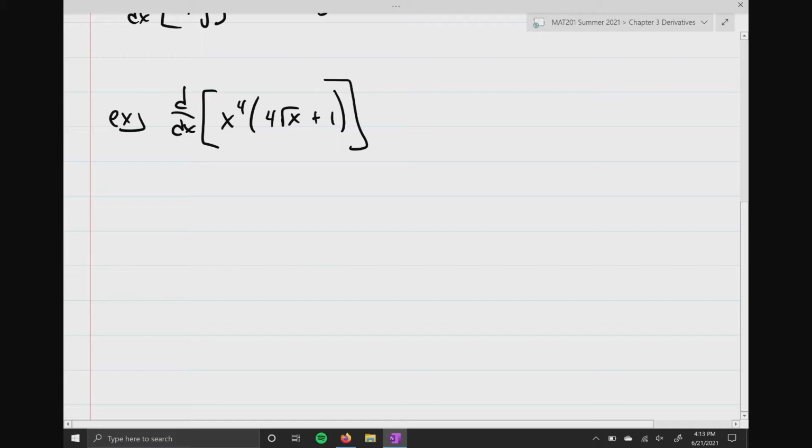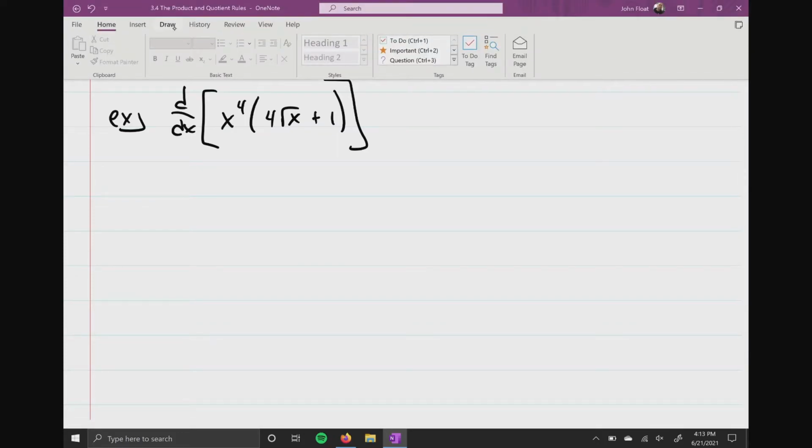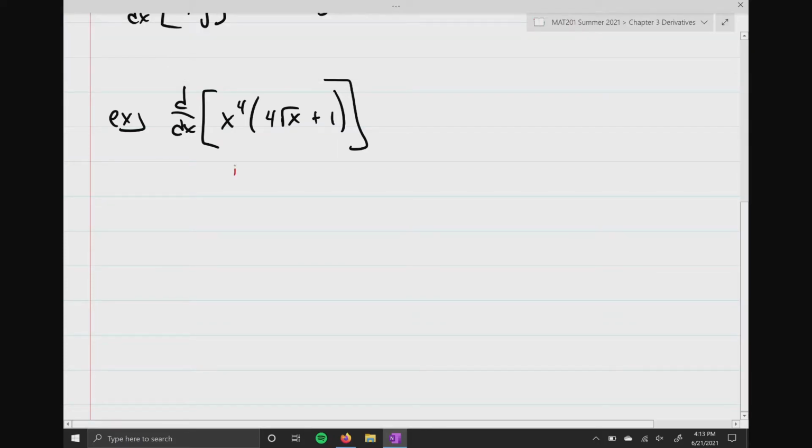So in this example here, we have two different functions of x. We have x to the fourth, and then we have 4 times the square root of x plus 1. So I'm going to call this f and this g. Now, off to the right, we know the derivative using our product rule is going to be f prime g plus f g prime.